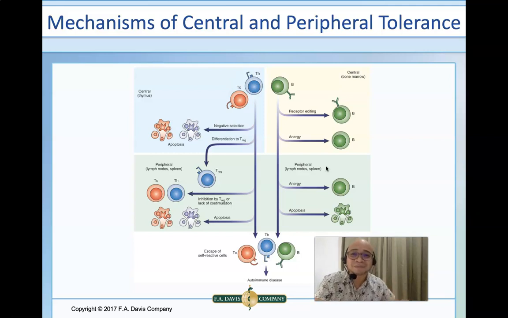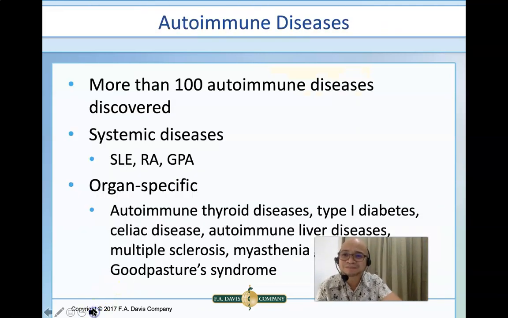Central education happens in the primary lymphoid organs such as the thymus and bone marrow. But peripheral tolerance education happens in the lymph nodes and in the spleen. As you can see here in the illustration, all these are the places where the education of the lymphocytes takes place.